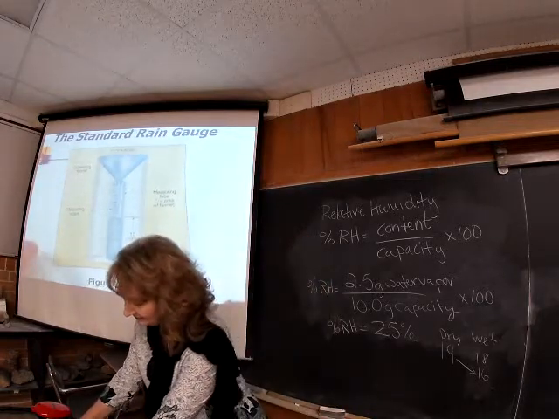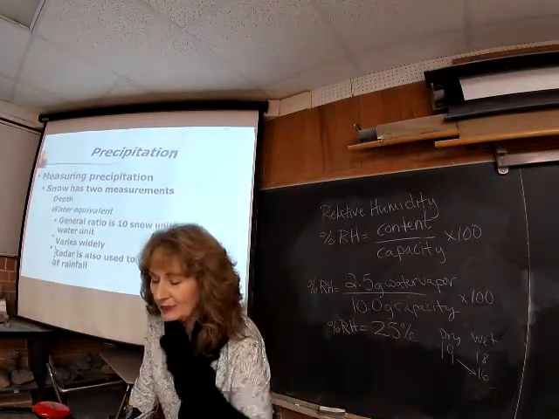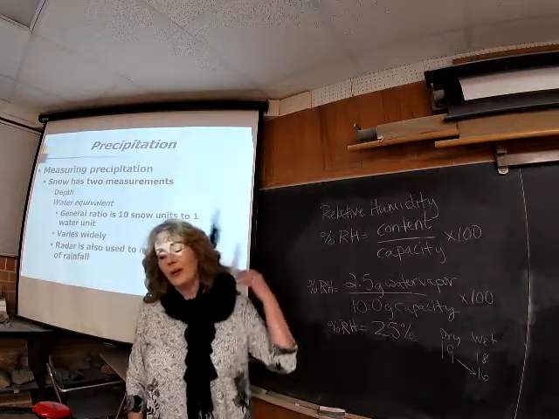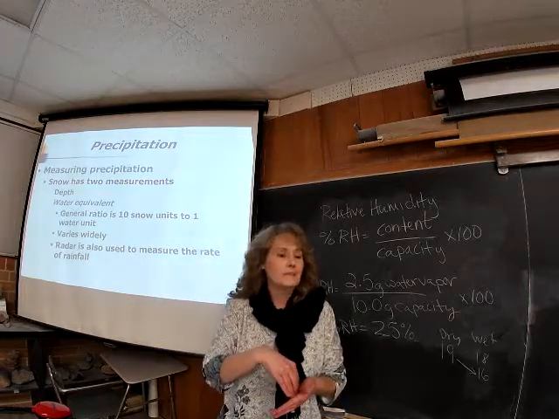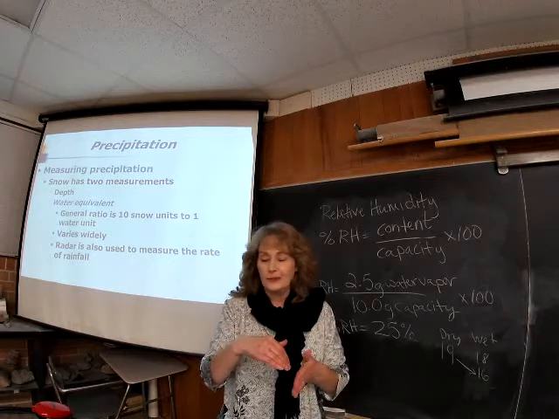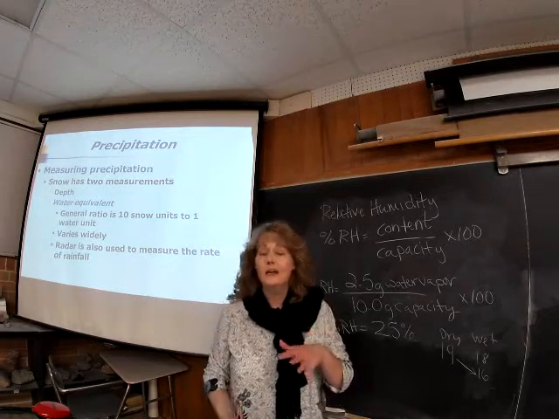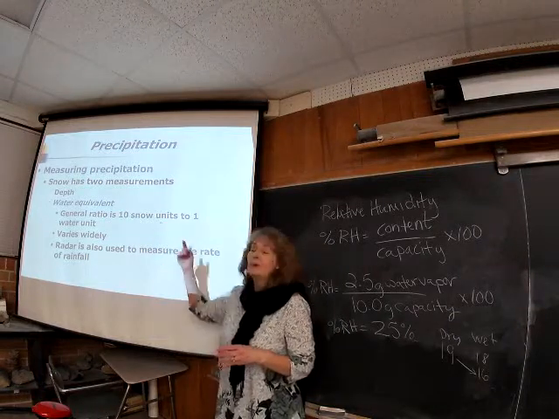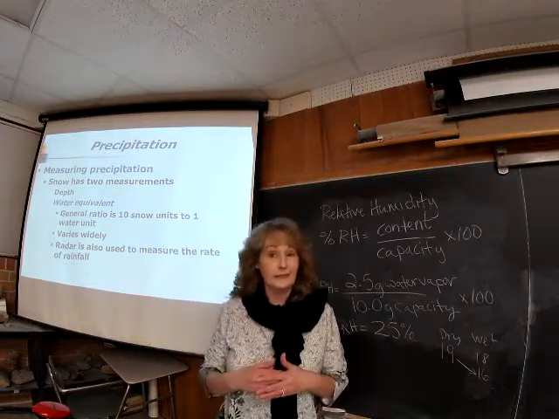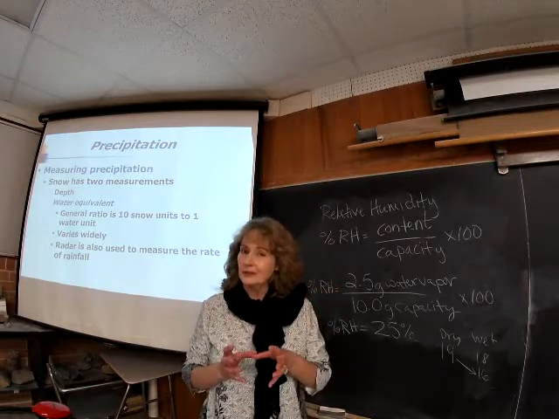Then for snow, there's actually a couple of measurements. One, the depth. So you can just stick, say, a ruler or a yardstick in there and get the snow depth, right? How many feet or inches of snow. And then there's something we call the water equivalent. So what would that equal if we melted the snow?